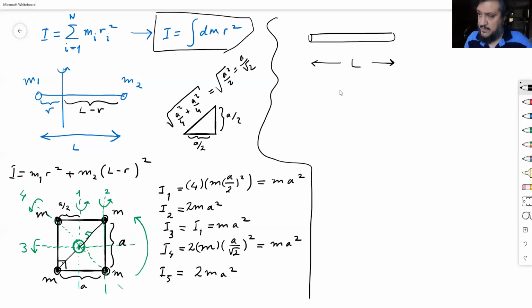Okay, so don't worry about that dimension there. So let's put the axis right here on one side, and suppose it's going to rotate around that axis. So what will be the moment of inertia of the mass M rod?